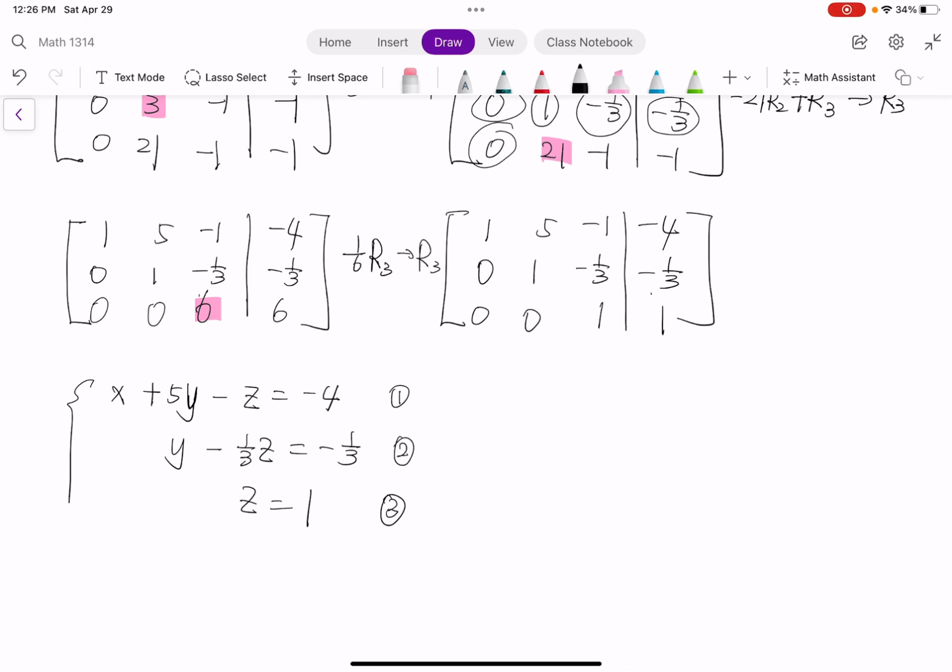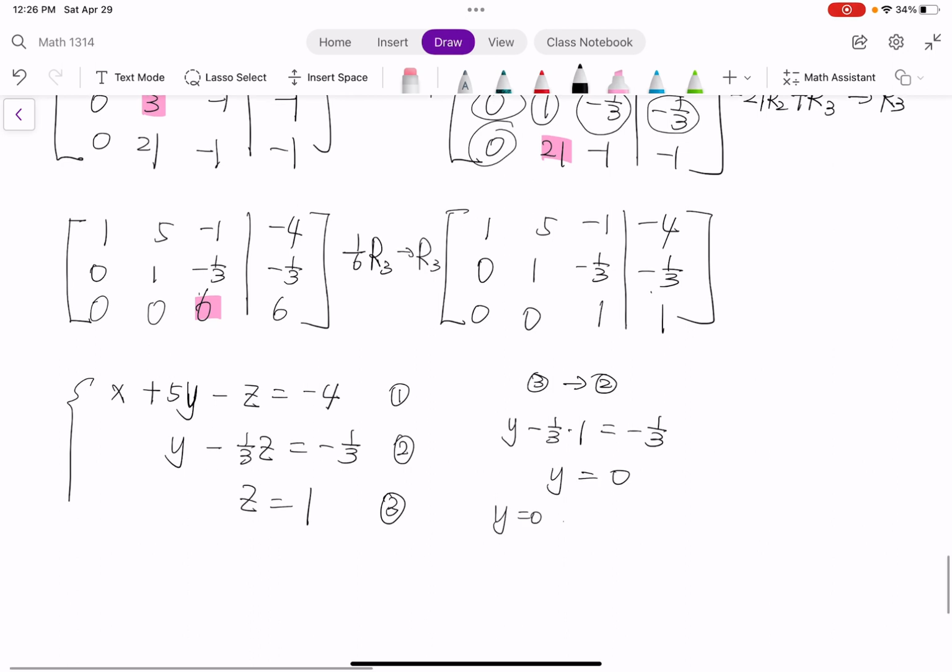From the last one, we know z equals 1. We can put the 1 into the second one. We're having y minus 1/3 times z, which is 1 times 1, equals negative 1/3. Both sides add 1/3, y equals 0. We have y equals 0, z equals 1. We can put these two into the first equation.